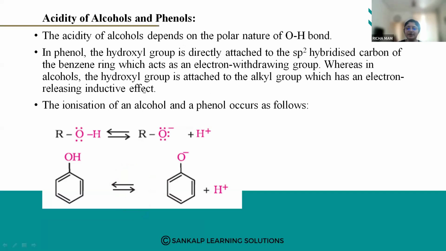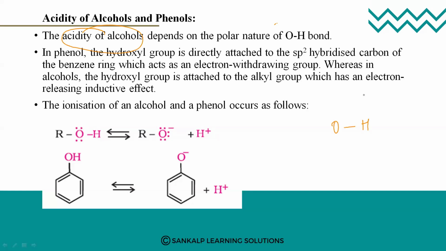Next we are going to discuss the acidity of alcohols and phenols. When discussing acidity, the acidity of alcohol depends on the polar nature of the OH bond, that is due to the presence of the electronegative atom, oxygen.